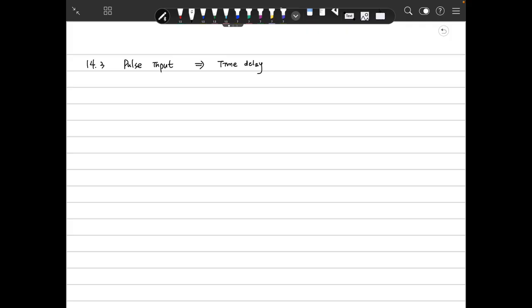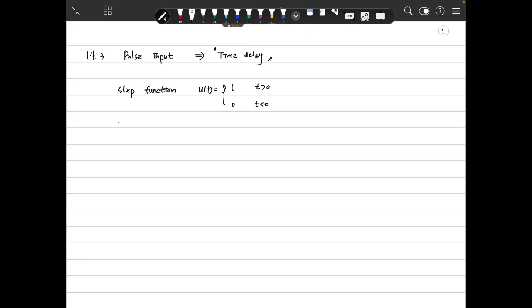So the step function is defined as u(t), which is 1 when t is positive and 0 when t is negative.